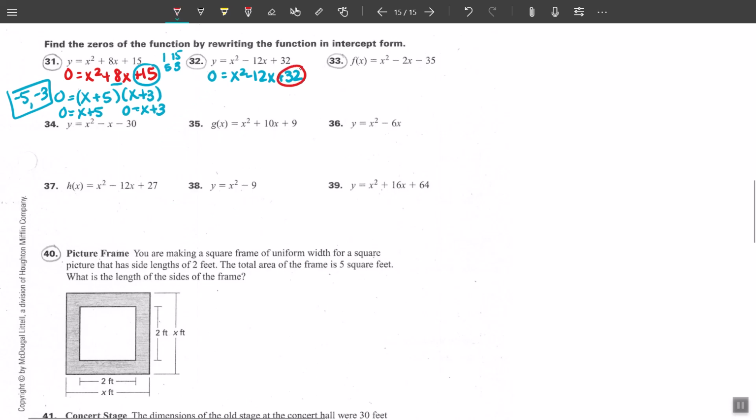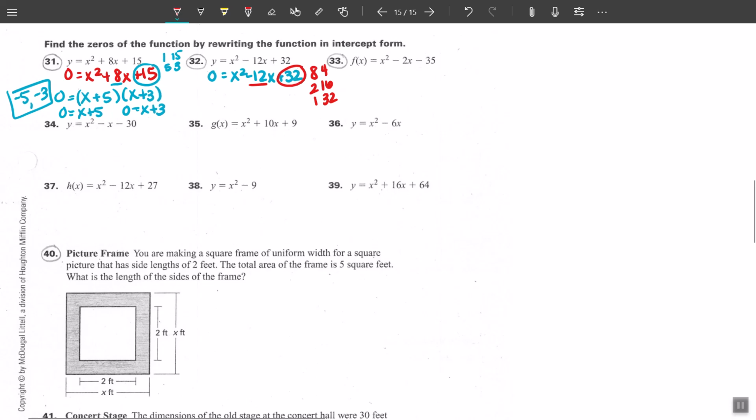We're looking for factors of 32 that add to negative 12. All right, so we could do 8 and 4. There are a lot that are a possibility here. 2 and 16, 1 and 32. 8 and 4 are going to be the ones that we need. Those are the only ones that when we multiply them together, we can get a positive 32.